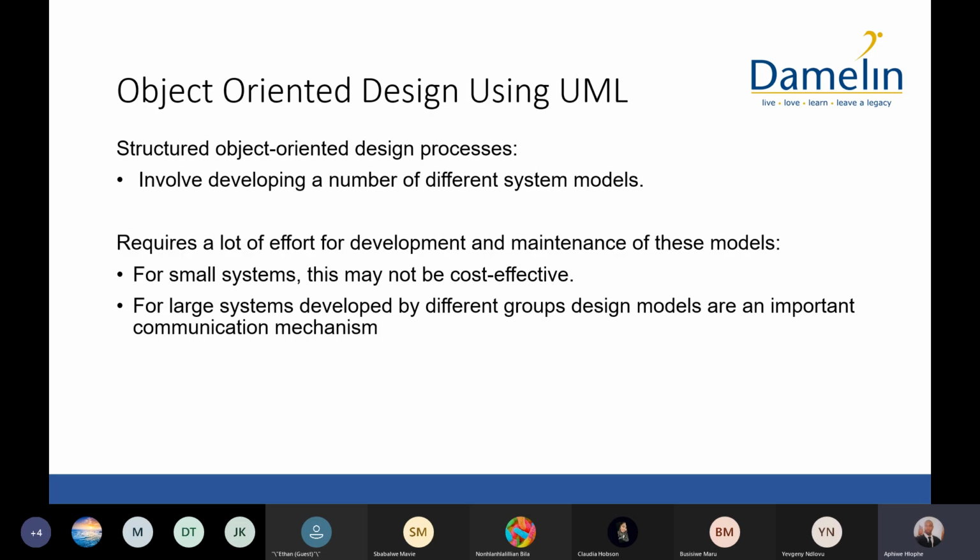And so we have what we call, obviously, our object-oriented design using UML, and we covered most of the UML models in chapter 5. But the thing that you need to understand is that object-oriented design supports object-oriented programming.